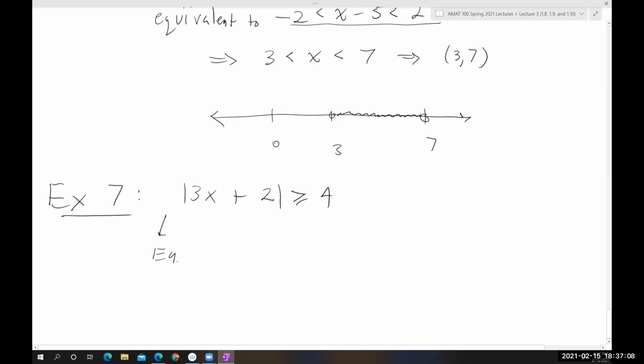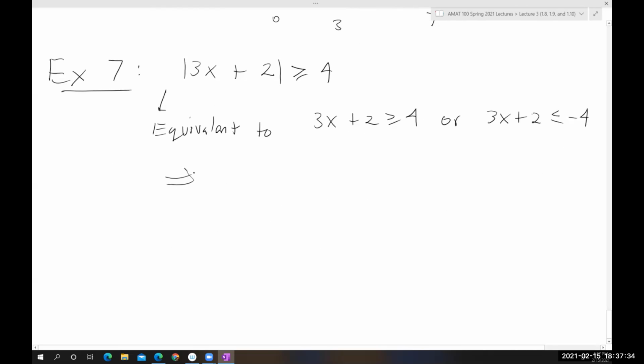So this is equivalent to 3x plus 2 is greater than or equal to 4, or 3x plus 2 is less than or equal to -4. So we have to solve these two pairs. We'll just solve them at the same time. This absolute value inequality is equivalent to these two inequalities.